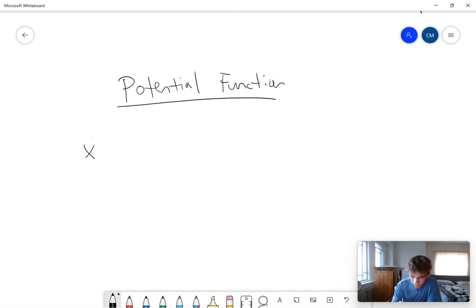So again, I'm going to bring my differential equation here. And now if I look at a function, let's call it u, such that this is equal to negative partial f over partial x.